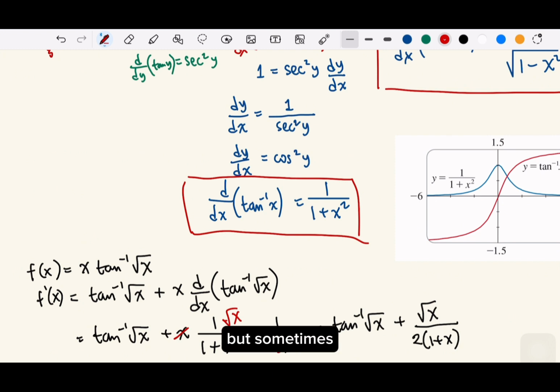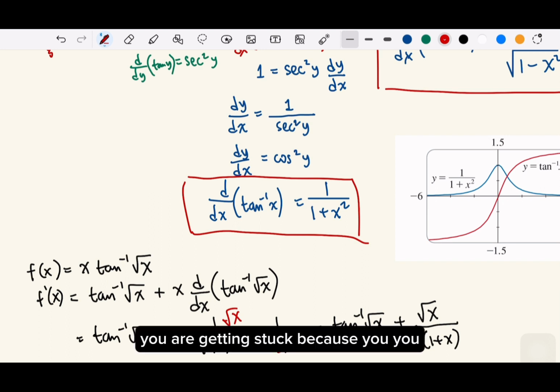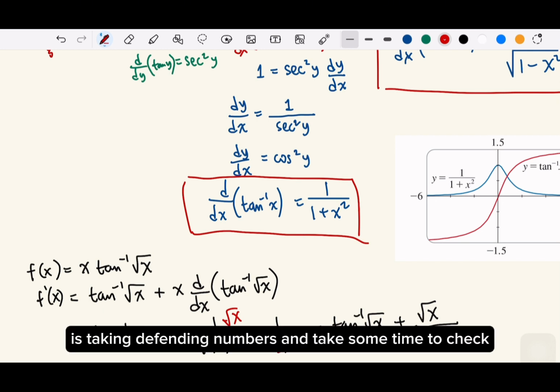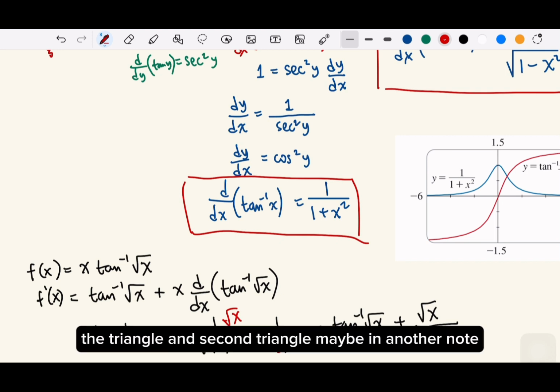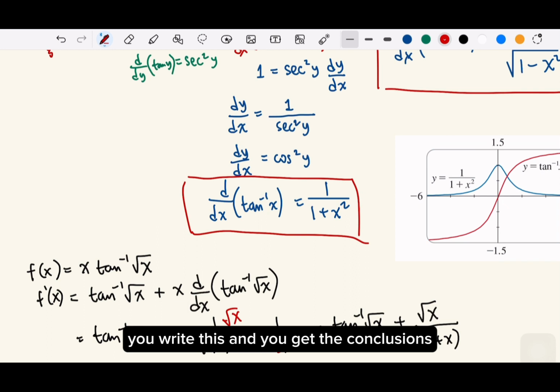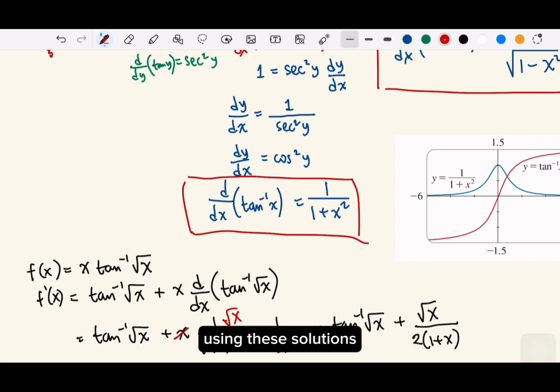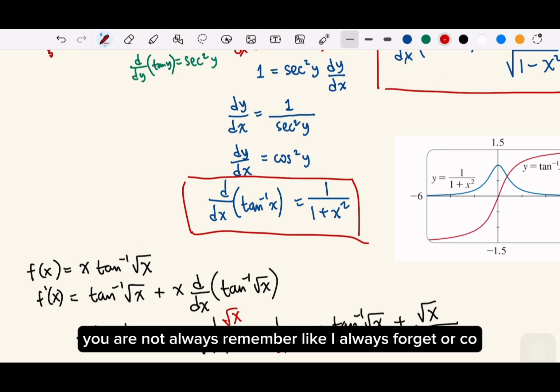But sometimes, maybe in the middle of process, like for example this part here, you are getting stuck because you forget how to do the tangent inverse. So the best way to solve this is taking this tangent inverse and take some time to check the triangle. Maybe in another note, you write this and you get the conclusion, and then you write using this solution. So I believe in some way you are not always remembering.